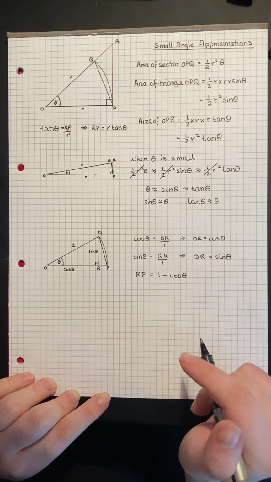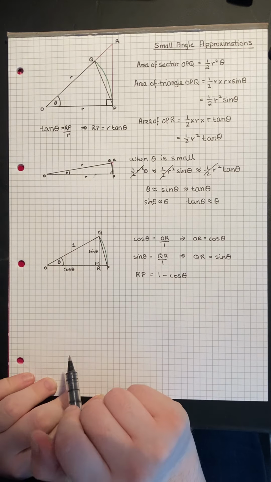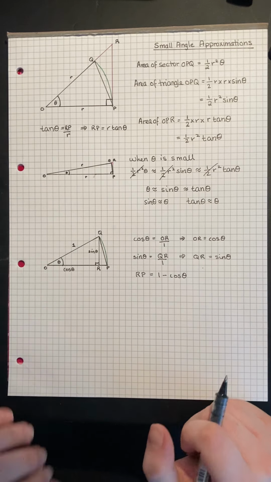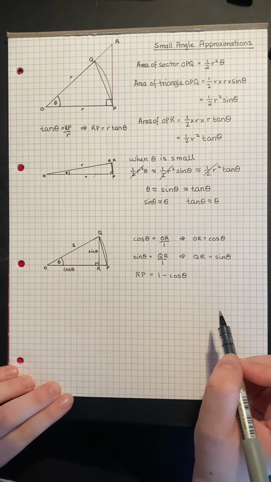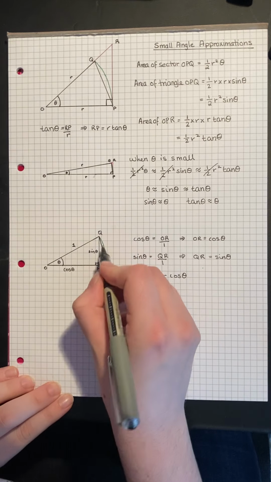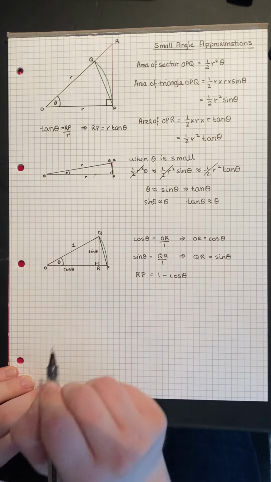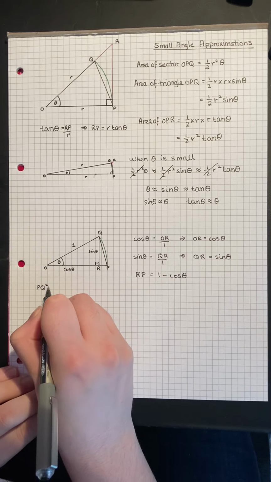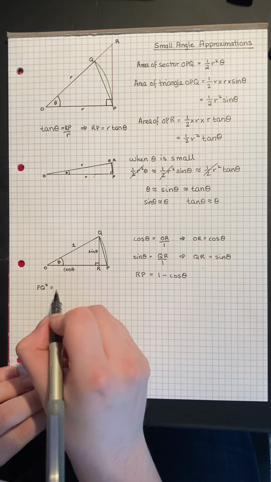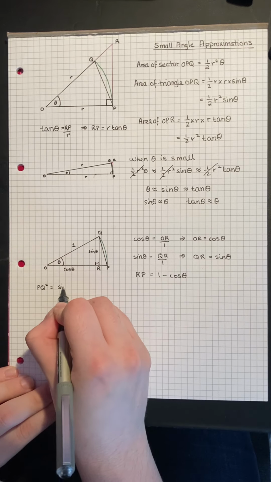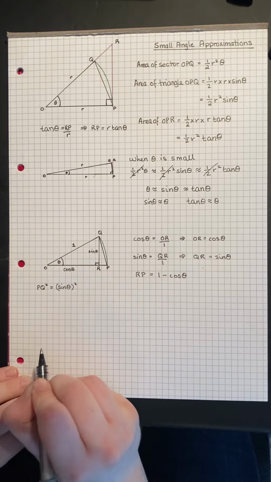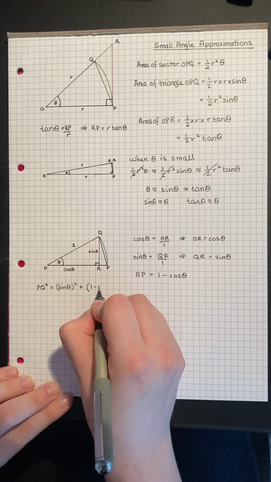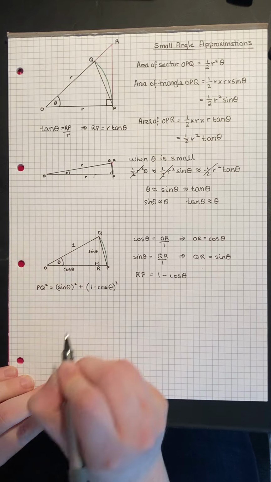So we're going to need to use probably Pythagoras to work out PQ, which we can do. By saying, PQ is the hypotenuse of the triangle RPQ, so PQ squared equals RQ squared, which is sine theta squared, plus 1 minus cos theta squared.